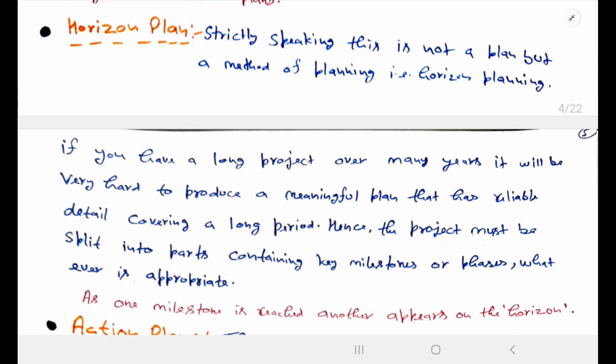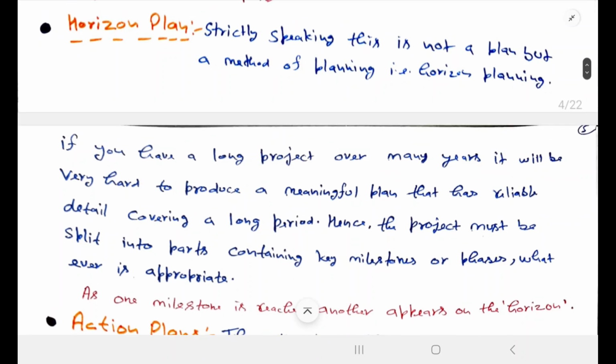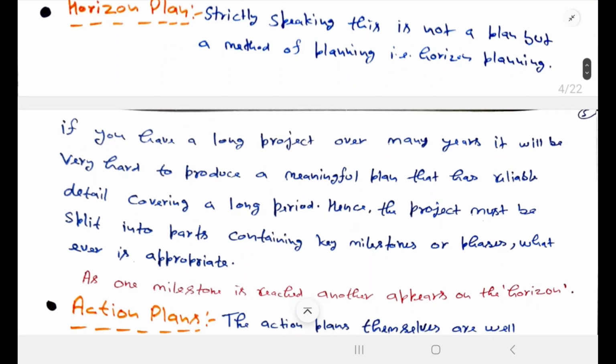So this is covered in the horizon plan. As one milestone is reached, another appears on the horizon. After reaching one milestone you will plan for another.